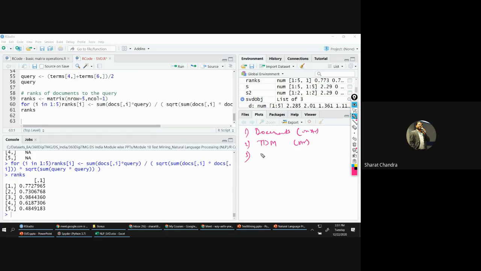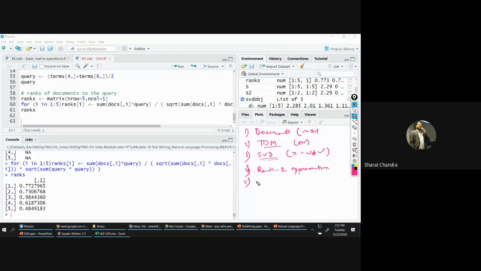Then we performed SVD to decompose this. We got the TDM into 3 different matrices. Then the fourth step we performed is rank 2 approximation, to compress this big matrix.